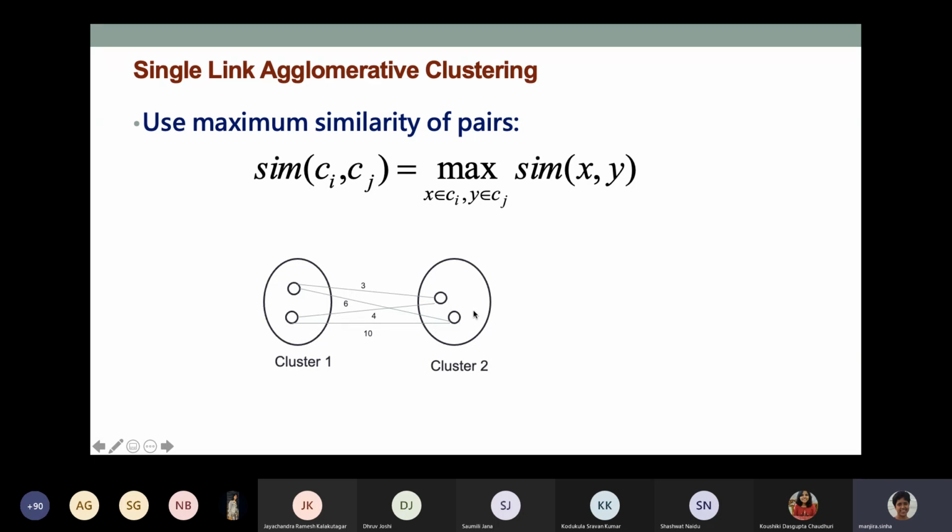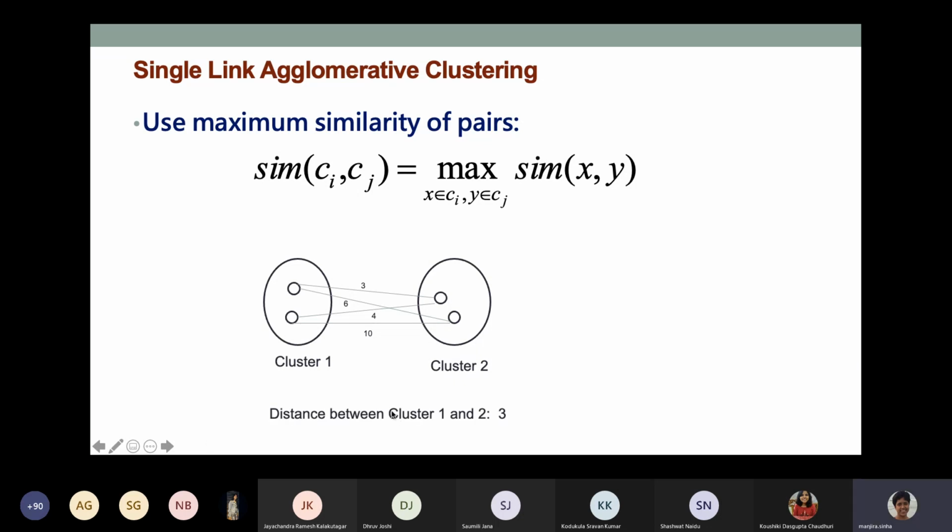In other words, if I have two clusters and a set of nodes in each of the clusters, then the maximum similarity between two nodes across the two clusters will be considered as the similarity between the two clusters. So basically we are taking the highest value. Okay.